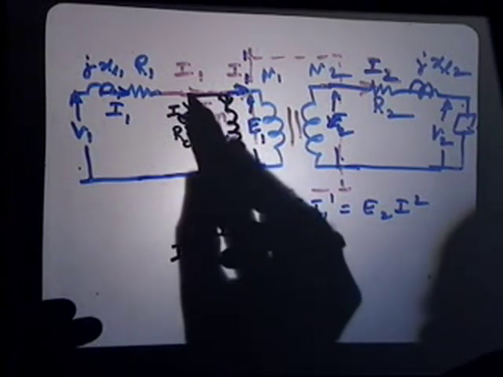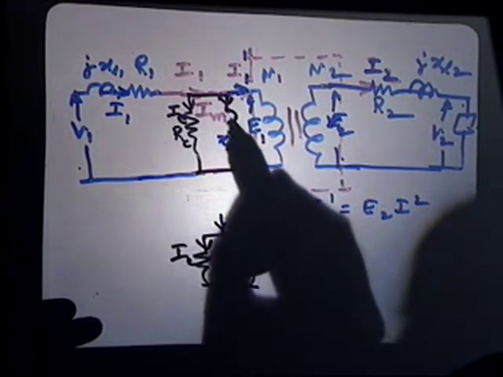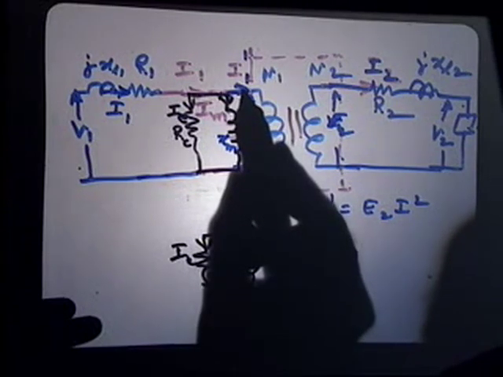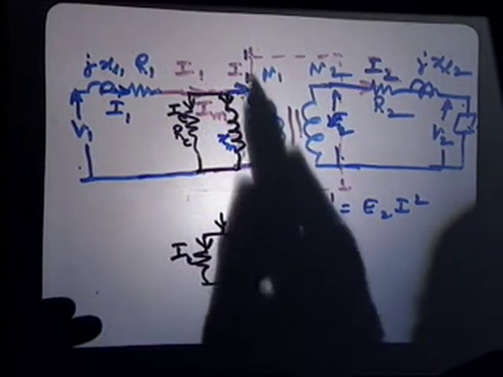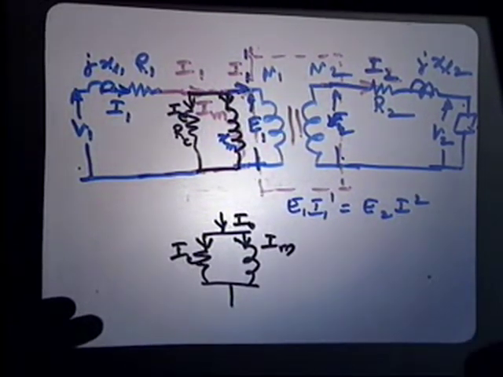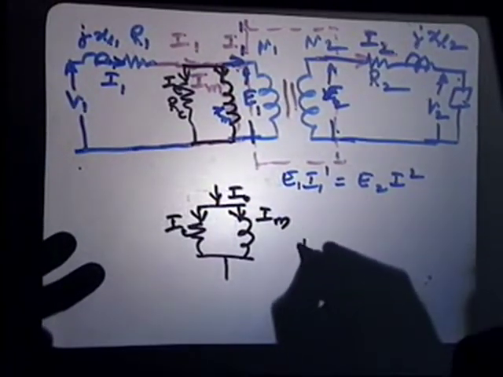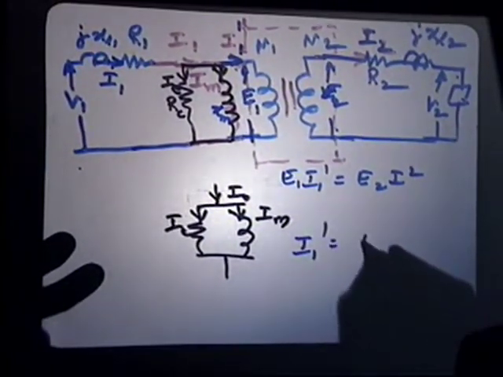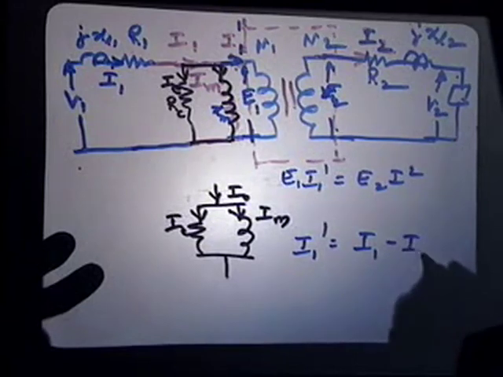After giving these contributions, this I1 will be changed to I1 dash. So obviously I1 dash will be equal to I1 minus I0.